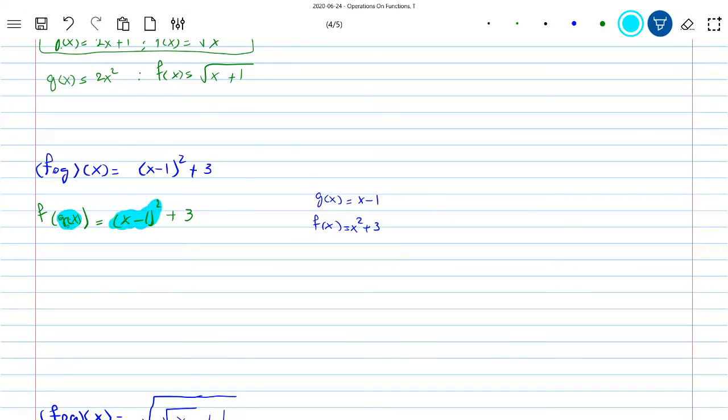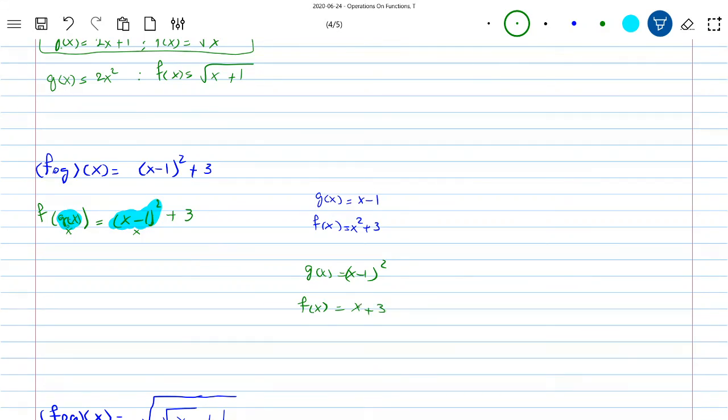I want to keep the 3 out. So now g of x, I call it to be x minus 1 squared. What would be the f function? I hope you can guess it. Call this x. This would be x, because they're the same thing. We introduced it to be the same thing. We call these highlighted sections to be equal. So I have x plus 3.